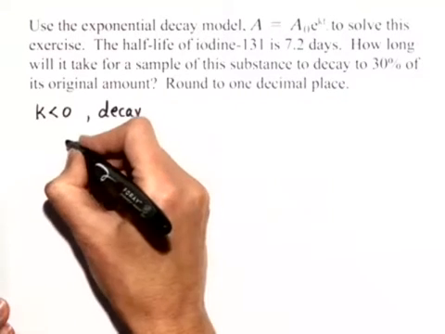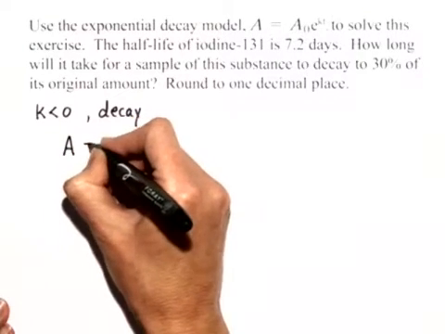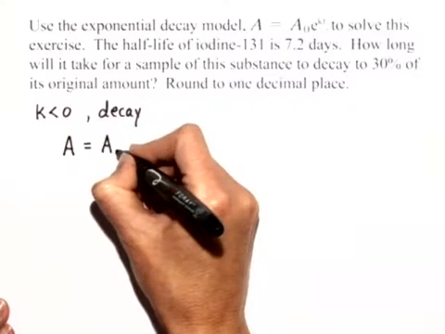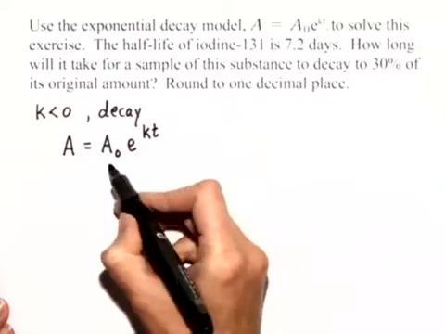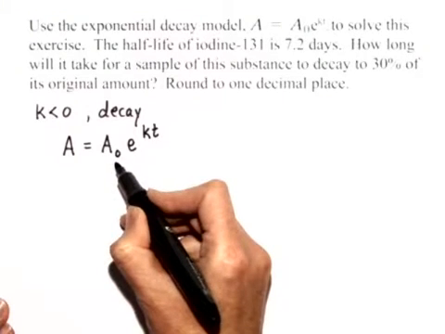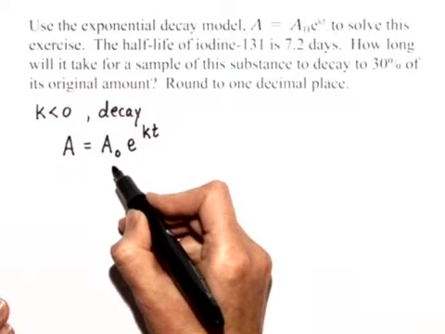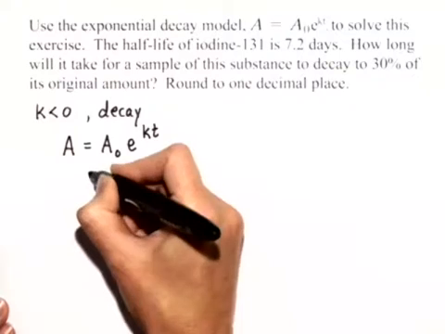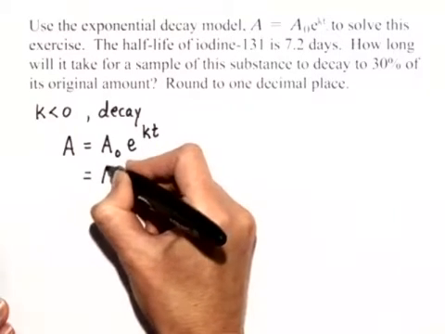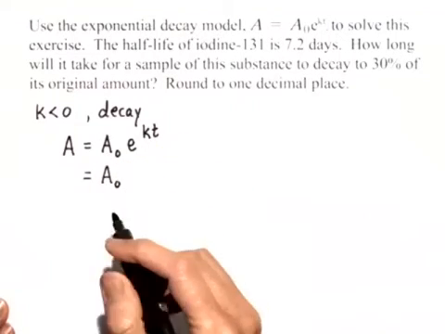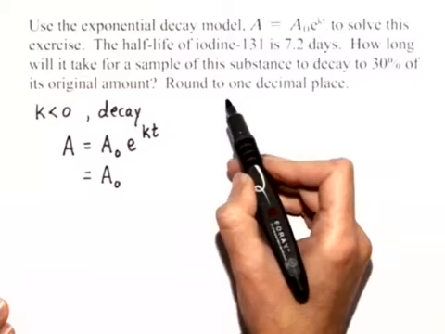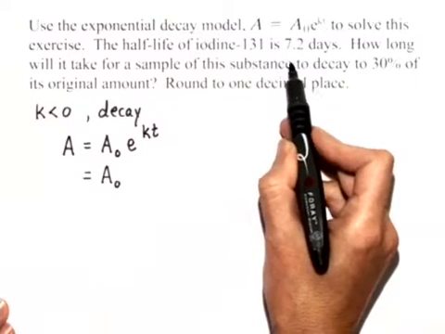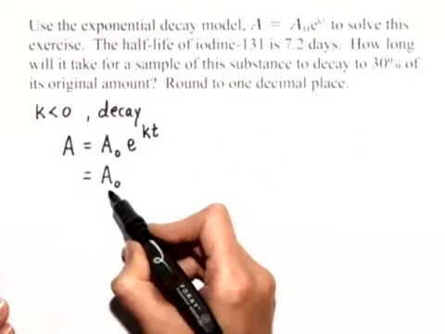So let's start off with our formula. A equals A sub 0 e to the kt. Now remember, A sub 0 is always equal to the original amount we start with. So let's write our A sub 0 down. If we have information about a half-life, and we do in this case, we know the half-life of iodine 131 is 7.2 days.